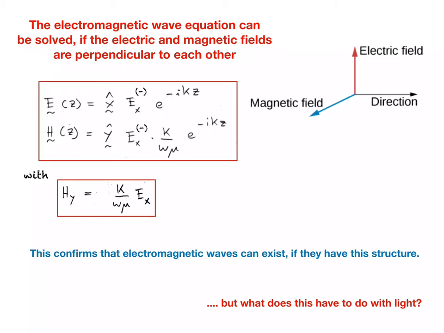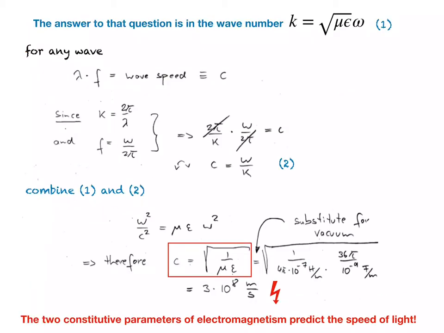This confirms that electromagnetic waves indeed exist if they have this particular structure. But what does this have to do with light? The answer to this question is provided by the wave number k, which we have defined as the square root of permeability times permittivity, square root of mu epsilon, times the angular frequency omega.